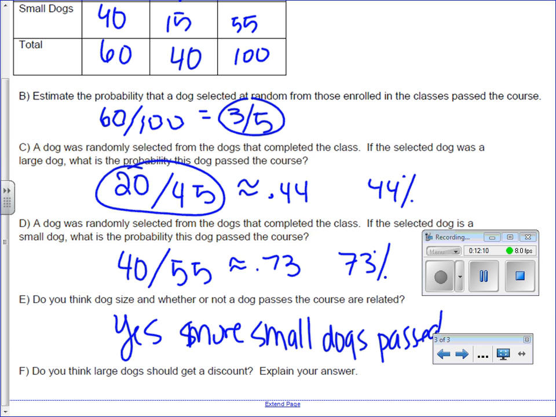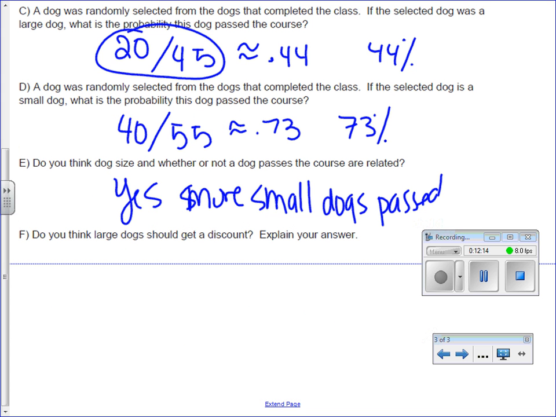And then the final question says, do you think large dogs should get a discount? So if you remember from the original question, it said that some people think large dogs are easier to train and therefore should not be charged as much. Well, it looks like we just proved from this data that small dogs are actually easier to train, because way more small dogs were able to pass the class than large dogs.